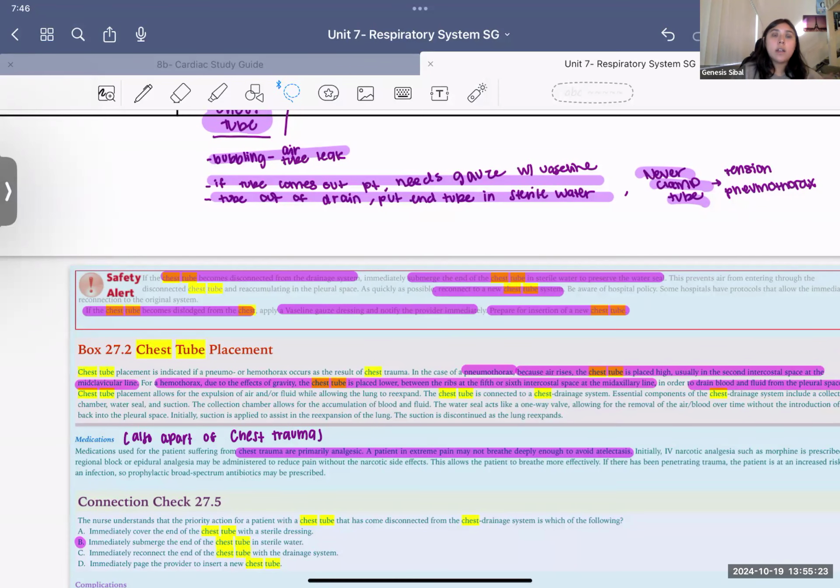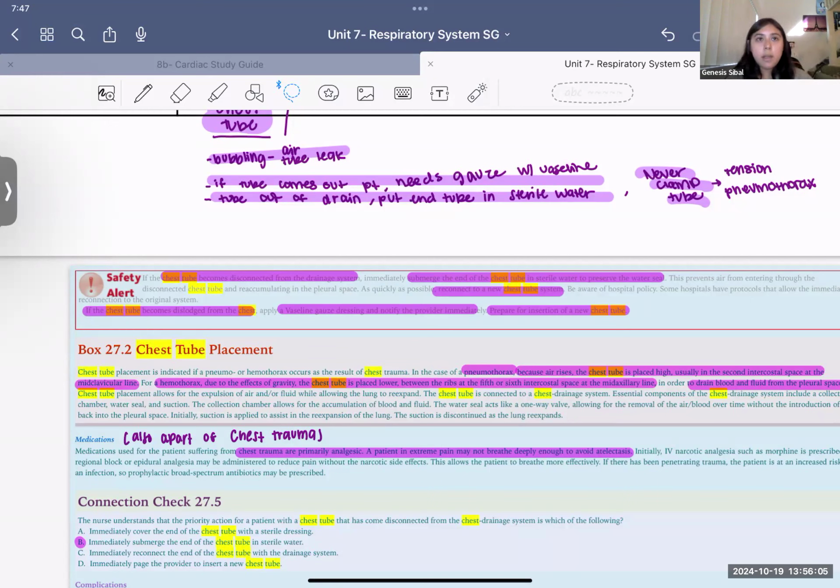And all of that air, and this is essentially what the drainage system is doing, all of that air and or blood or whatever's in the lung that we want to get rid of with the hemothorax, pneumothorax, whatever, is able to go into that bottle or drainage system, because it's having negative pressure within that water. So that's why you put it in there, because you're going from a positive to negative place. And it's not going to be able to come back in because that water is underneath it. If I just had a tube and put it in the environment, obviously air can travel in and out of it, because I'm inhaling and exhaling regularly in our everyday lives, right?